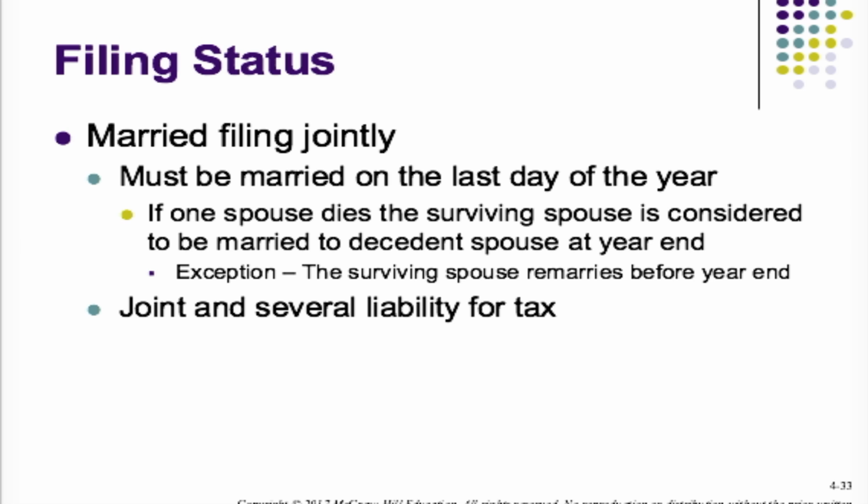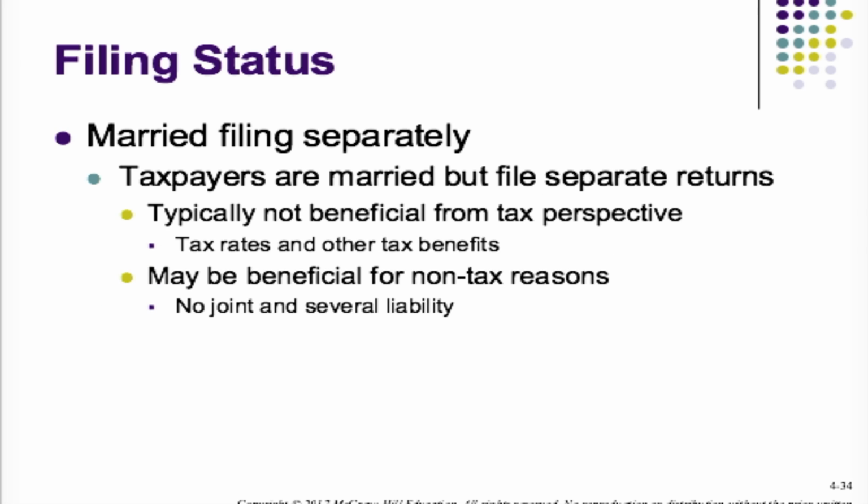You're still either spouse could be considered liable for that. Married filing separately, okay? Typically not beneficial from a tax perspective, so typically if you can avoid it, you're not going to file that. There are some non-tax reasons that it might be beneficial. For instance, from a legal liability standpoint, there's no joint and several liability.